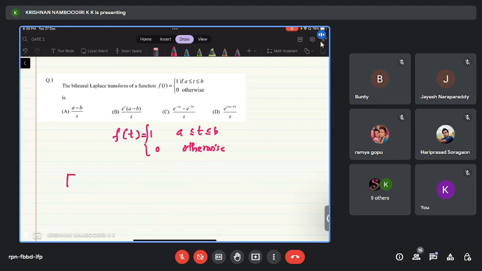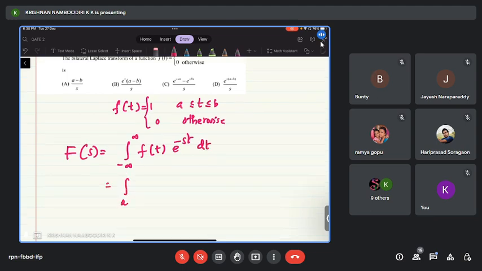I will denote it with capital F of s, which is equal to the integral from minus infinity to infinity of f of t e power minus st dt. This is equal to the integral from a to b of 1 into e power minus st dt. This equals minus e power minus st divided by s, integrating from a to b.